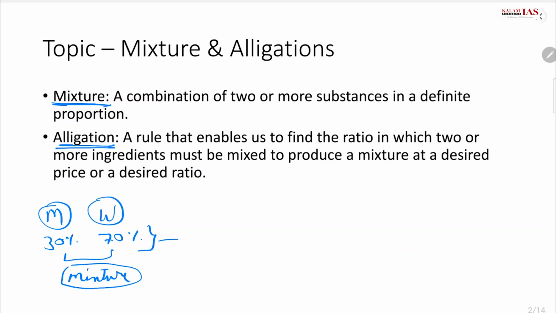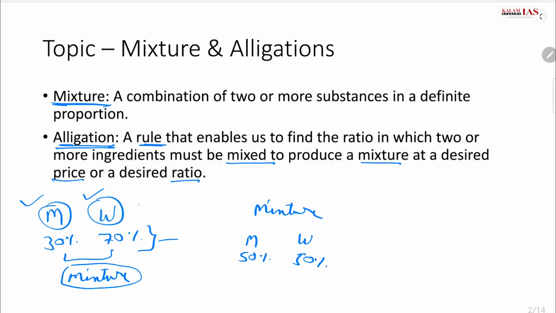And next is, what is alligation? It is a rule, basically. It's not a concept, it's a rule that enables us to find the ratio in which two or more ingredients, in this case milk and water, must be mixed to produce a mixture at a desired price or desired ratio. Suppose we have to produce a mixture in which milk is 50% and water is 50%.